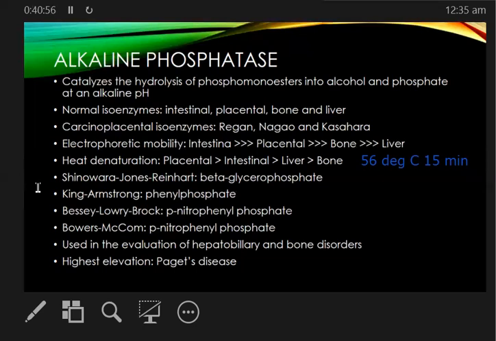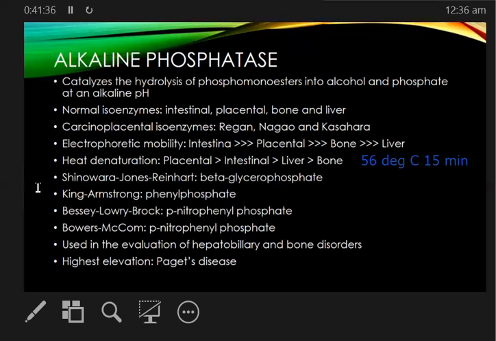Then we have your King-Armstrong, which uses phenyl phosphate. We have your Bessey-Lowry-Brock method, which makes use of para-nitrophenyl phosphate. And then we also have your Bowers-McComb, which makes use of the same as Bessey-Lowry-Brock, which is para-nitrophenyl phosphate.